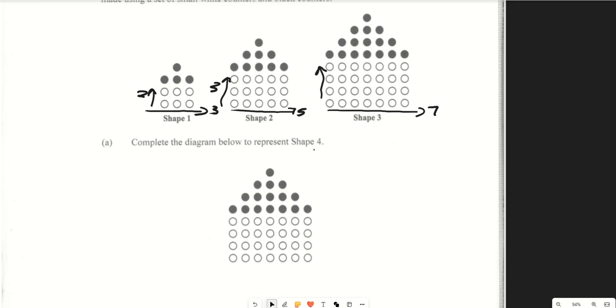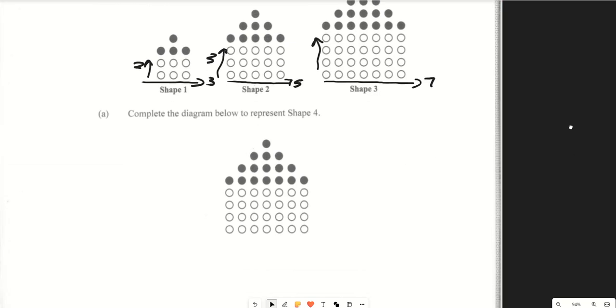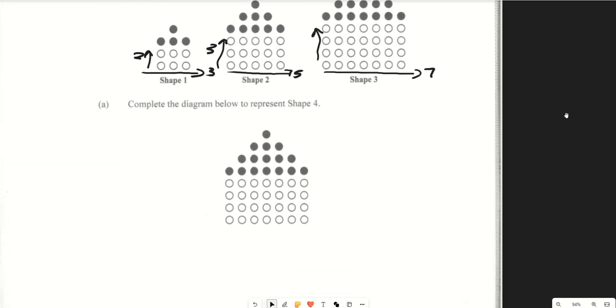So if we're looking at shape 4, it should increase by 2 to 9: 1, 2, 3, 4, 5, 6, 7, 8, 9. And we're supposed to increase 1 up. So this was 4.